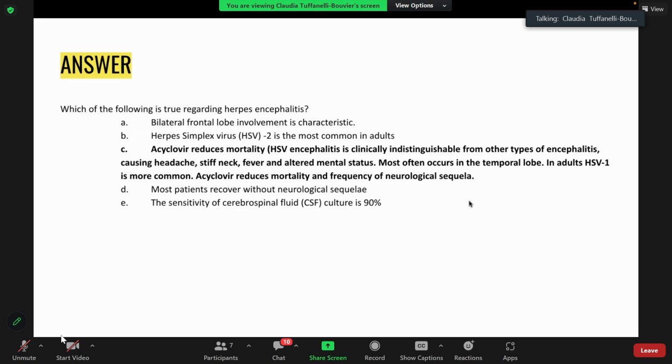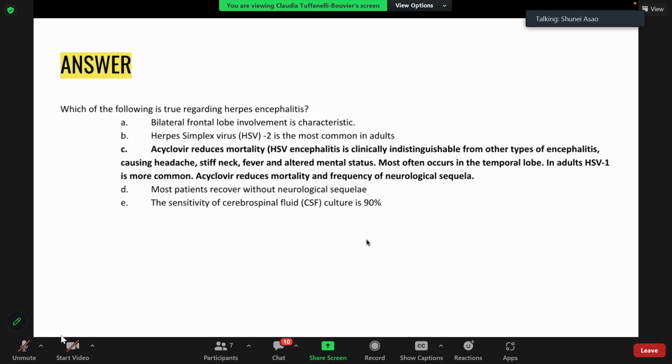And remember, HSV1 is more common to cause herpes encephalitis than HSV2. Acyclovir does reduce the mortality and the likelihood of a neurological sequela or a bad outcome. So even if you think it's encephalitis, before you get confirmation that it's herpes, it's okay to start acyclovir because it can really help prevent long-term problems for your patients.